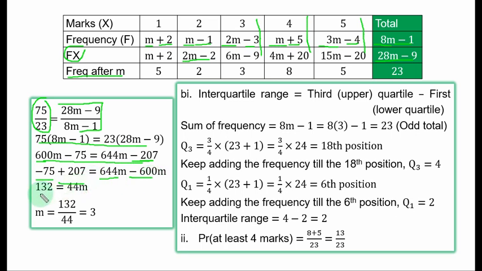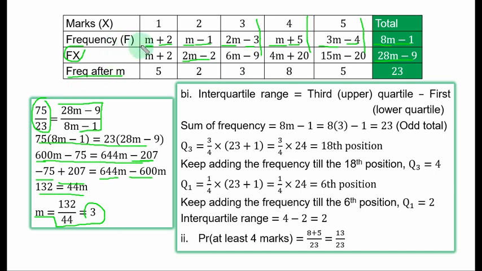If you add and subtract, you have this. To get m, divide both sides by 44. So m is equal to 132 over 44, and that is 3. So you can now have after m from the frequency.